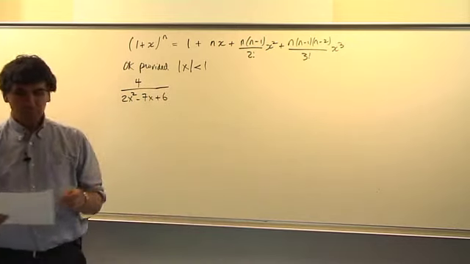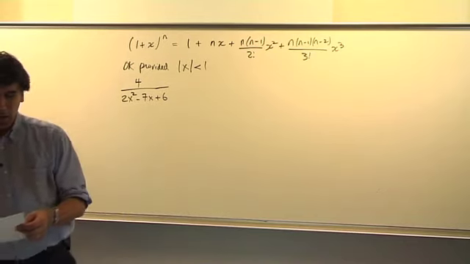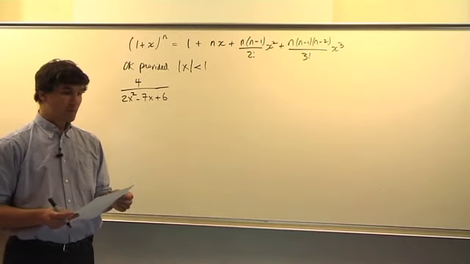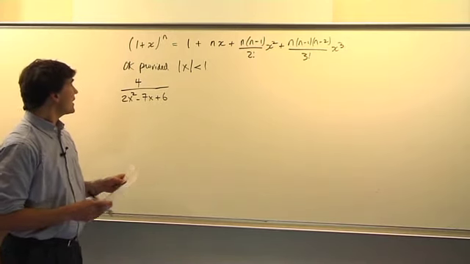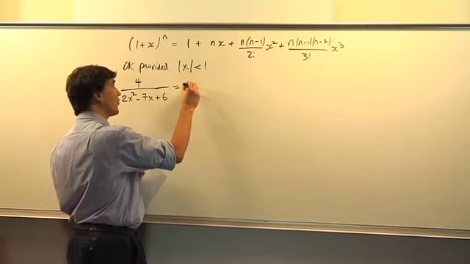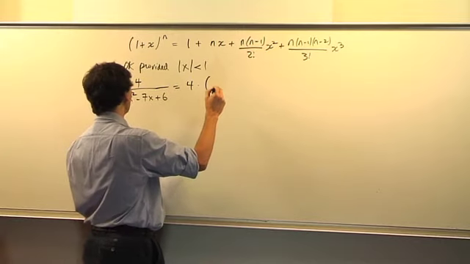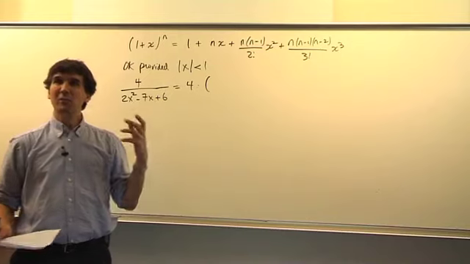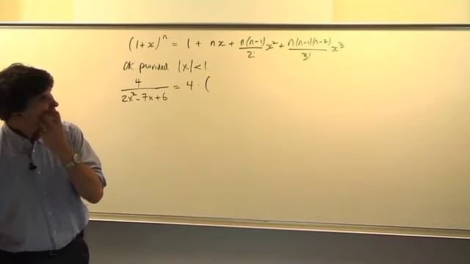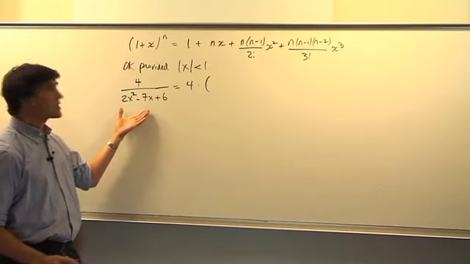Okay. So in fact, there's 2 ways of approaching this problem, and I'll show you both. So let us think of this as 4 times... Now we're expanding in a binomial series. We're thinking of x as a small number.